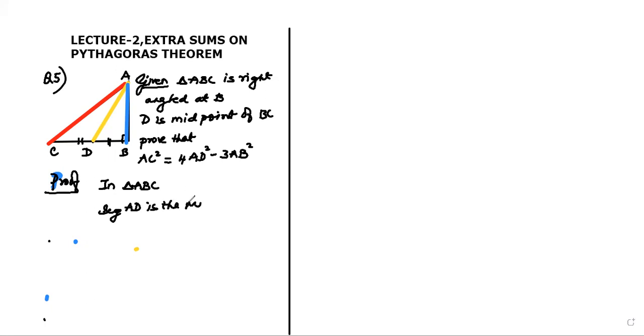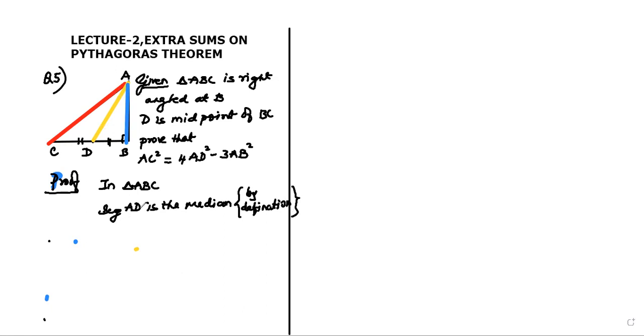Now somebody will say, sir, it's not given, but a segment joining a midpoint of a side and the opposite vertex is called a median. D is a midpoint of side BC. A is the opposite vertex. So AD is a median by definition of median.